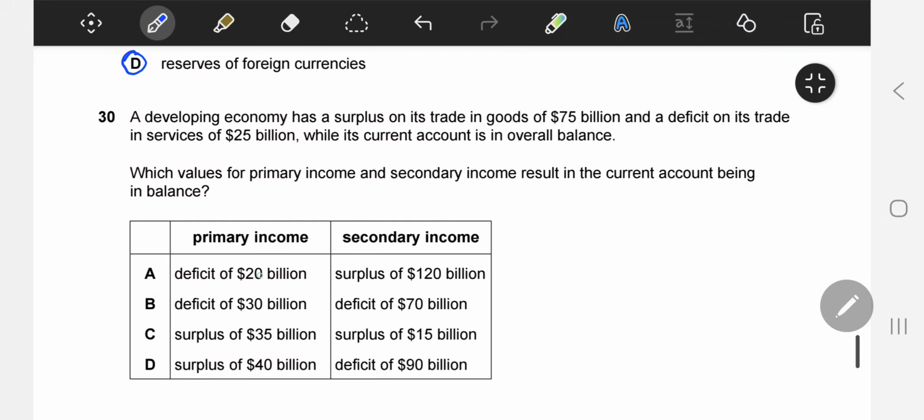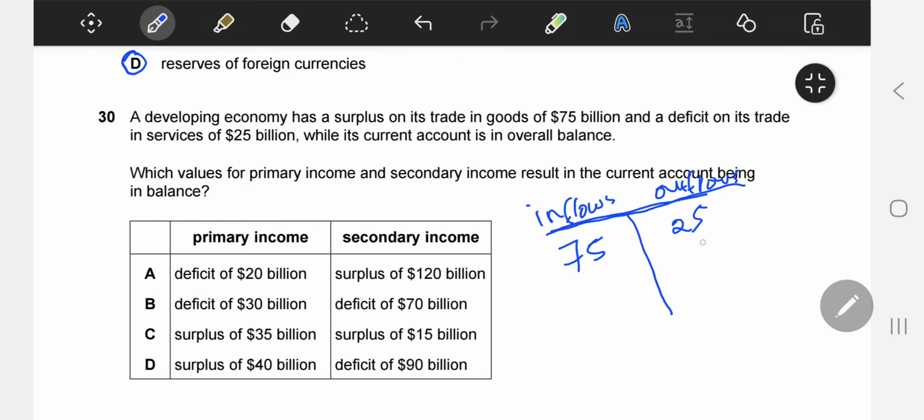Okay. So if you draw this table here and you put inflows here and outflows, so you have inflows of 75 and outflows of 25.